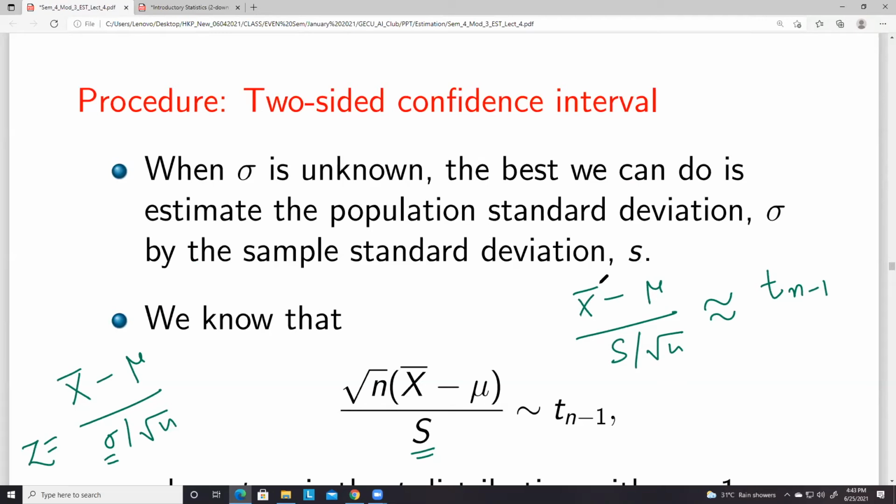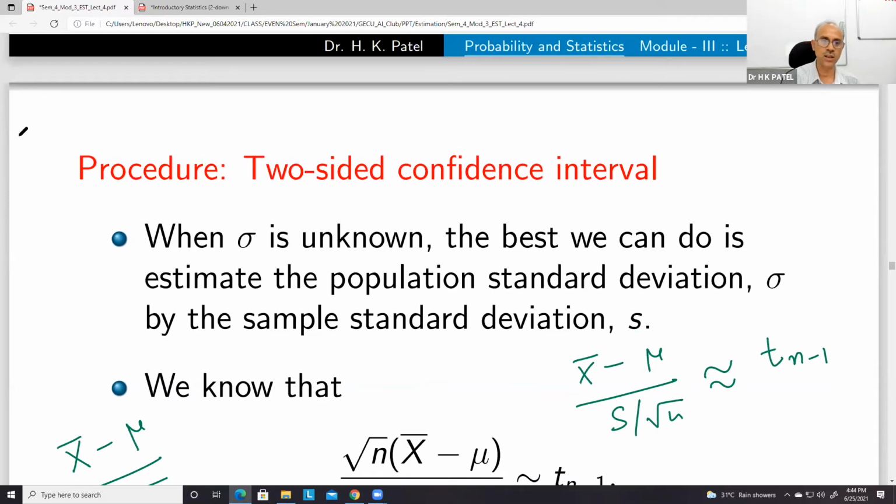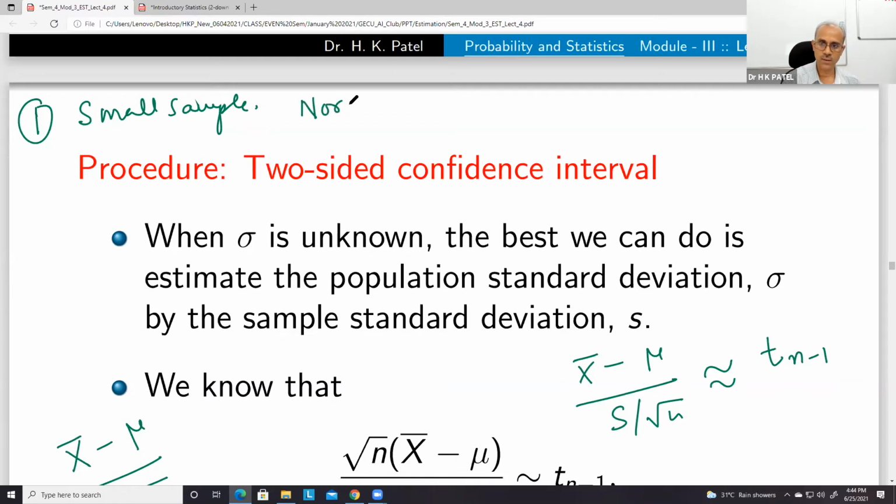So there are different cases, but you can see that so far we have discussed these things. Let me classify this. First, a small sample where the population is normal, we have used the Z curve.